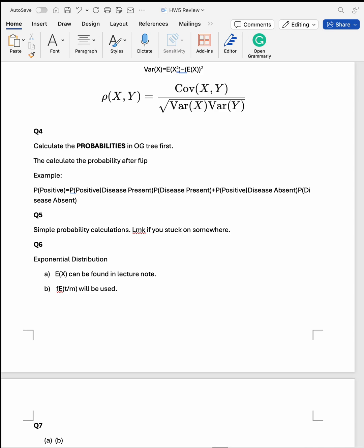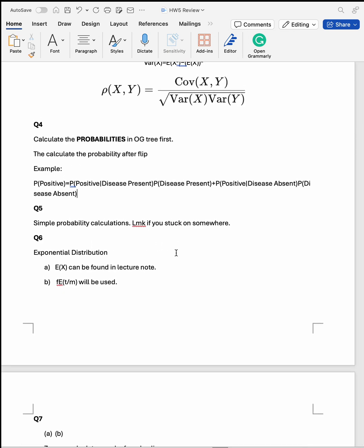Let's move on to number 6. Number 6 is a little bit tricky. It's about the exponential distribution.